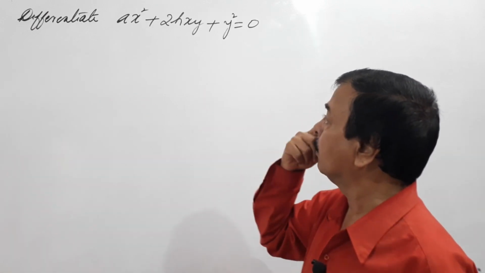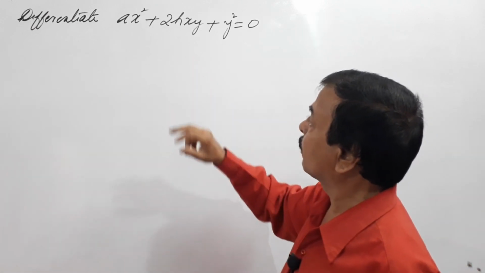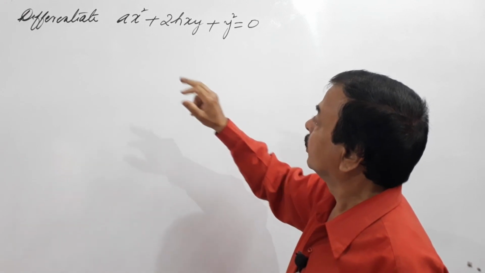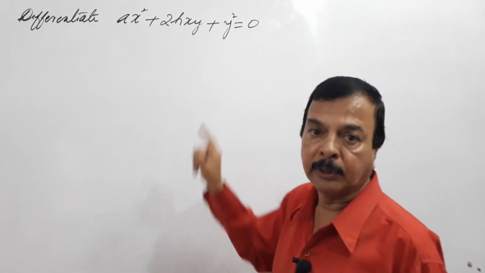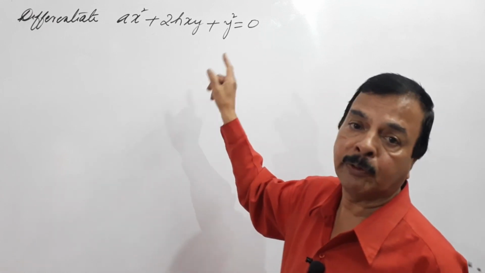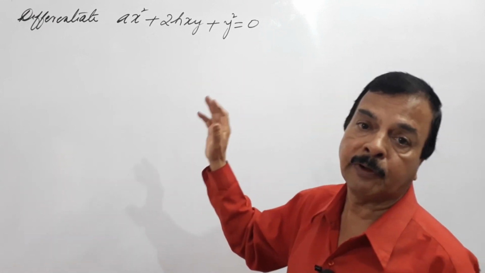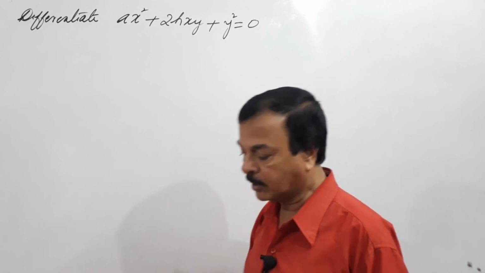Students, we have another problem. ax square plus 2hxy plus y square equals to 0. This equation is nothing but an equation to a straight line. So you are asked to differentiate this equation. So let's do it.